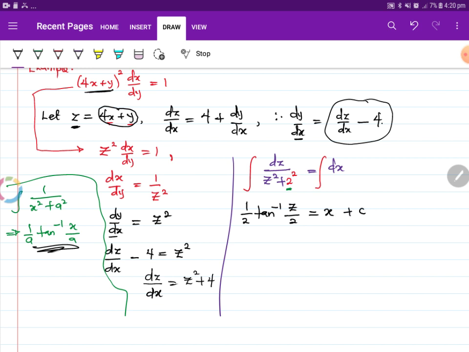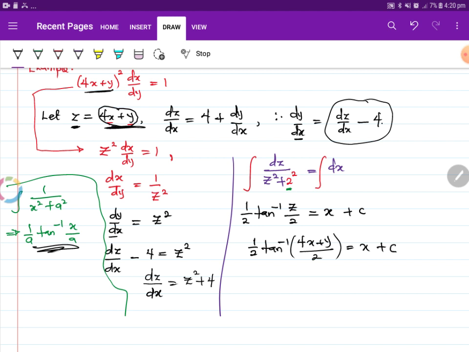But what is z? Recall, z is the same thing as 4x plus y. Then I can say my answer is 1 over 2 the arctan of 4x plus y all divided by 2 is equal to x plus c.